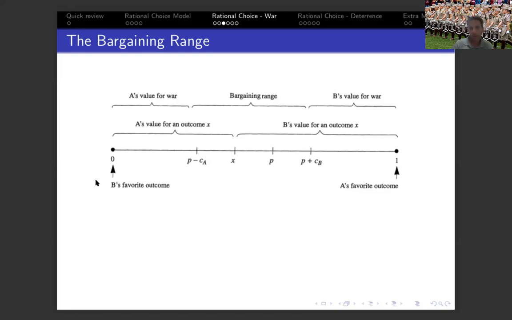If they decide to engage in war, and we'll get to what exactly that means and why they will decide to do that, then there is some probability, P, which is unknown, and that's the probability that A is going to win the war and get everything it wants. And there's a probability which is going to be, in this case, 1 minus P, in which case B will win the war and B will get its most favorite outcome. Okay, that's in the decision of getting to war.